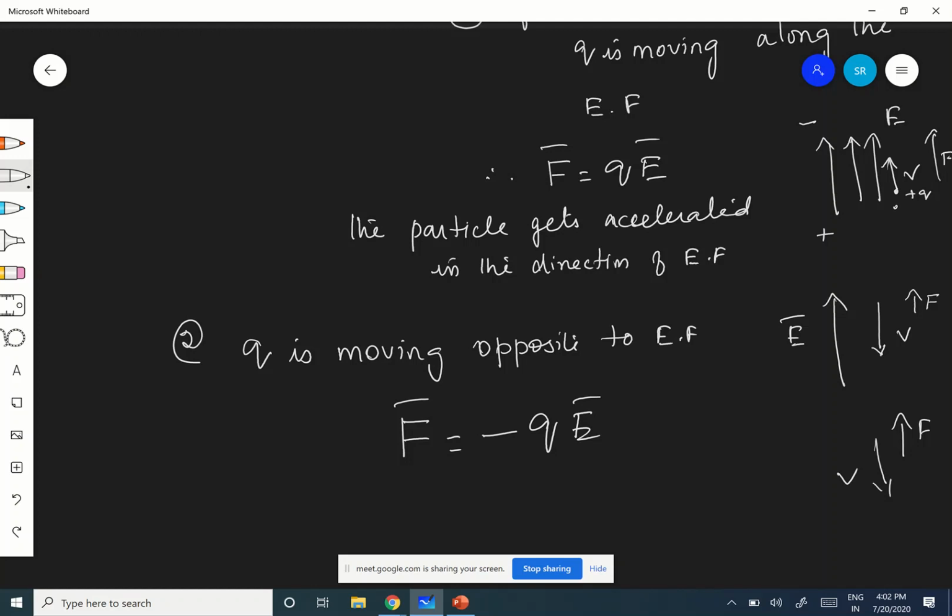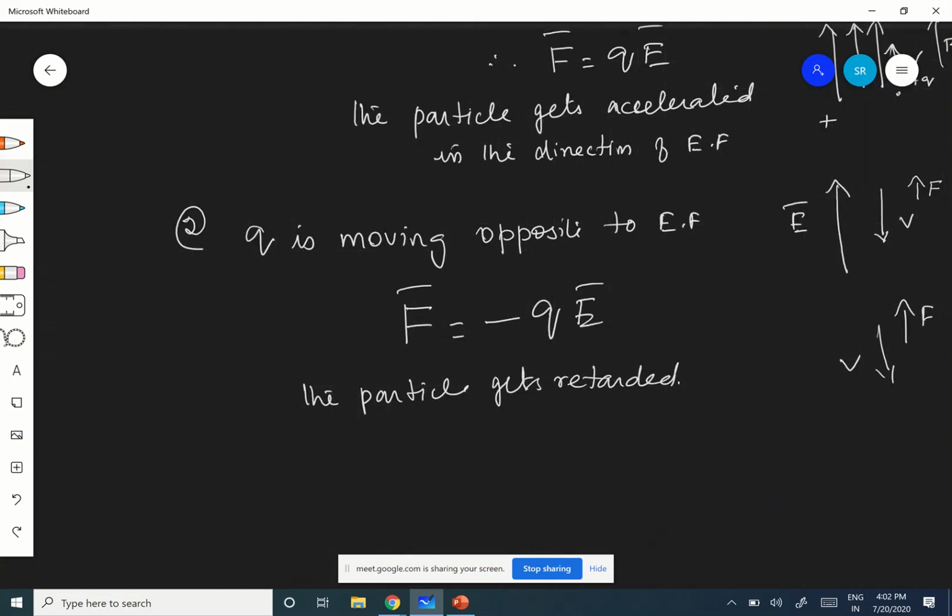Here the particle gets retarded. Very important, retarded. Its velocity will decrease, because it has a pull in the opposite direction. Definitely its velocity will reduce. Right. Then the third one, what we have seen.